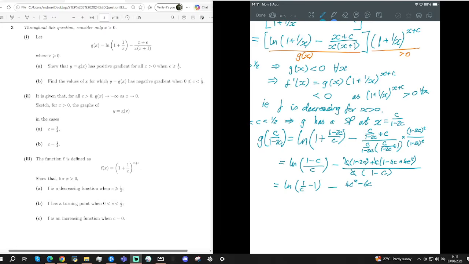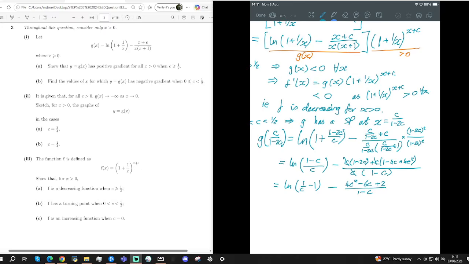I'm not liking the fact that I've got this minus 6c on the inside with a minus on the outside as well. Now I wanted to show that this was positive, which it's not looking particularly positive right now.